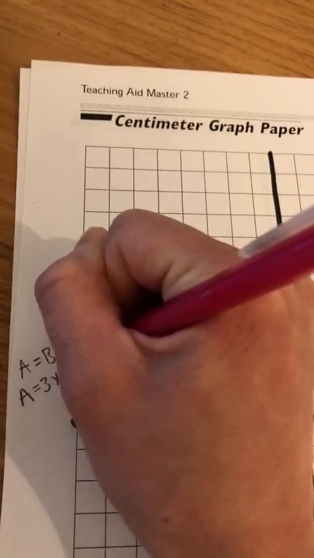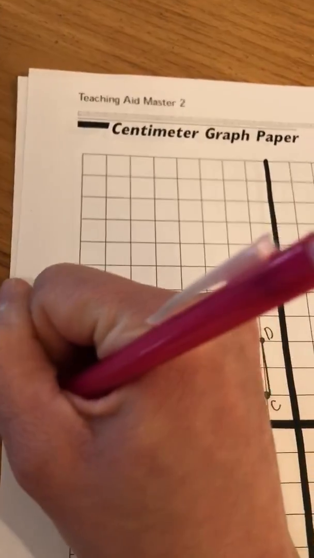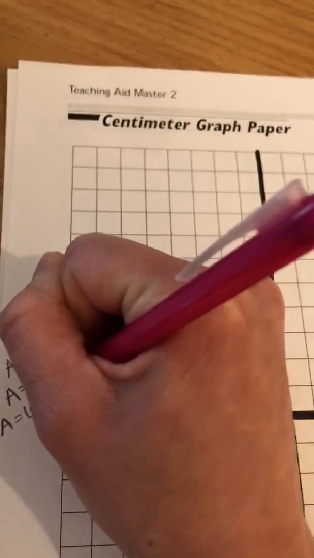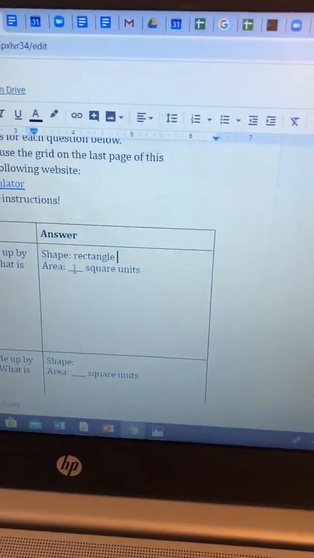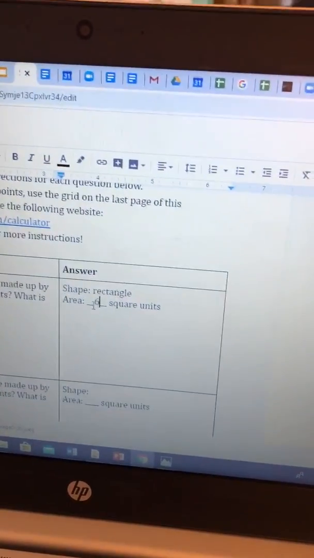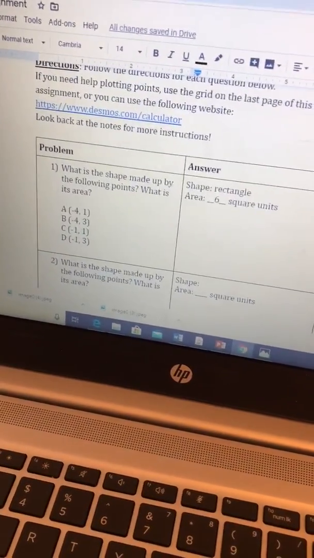So if the base was 3 and the height was 2, then that means the area is 6 square units. I'm going to go back into my assignment, and where it says area, I'm going to type in 6. So that was the first type of question.